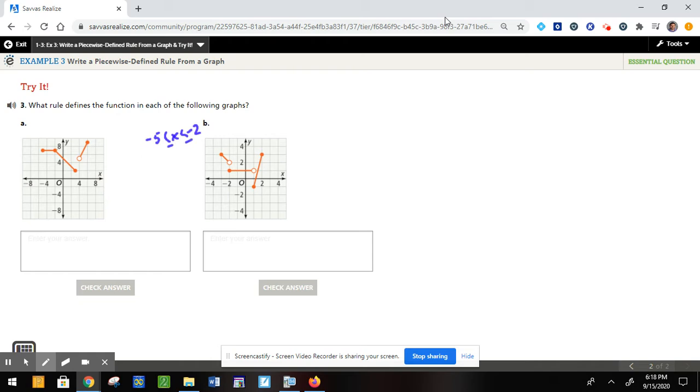It's kind of hard to tell which is closed for the first section or the second section. So I'm just going to assume it's the first one. I don't think there's really a way to tell since it's not color coded like the video was on the last one.